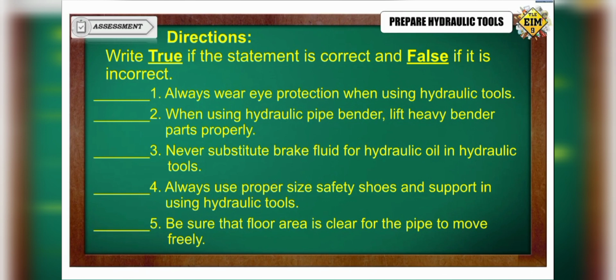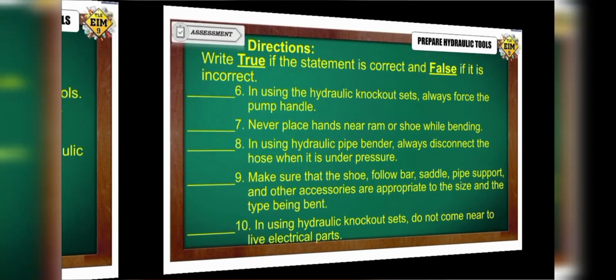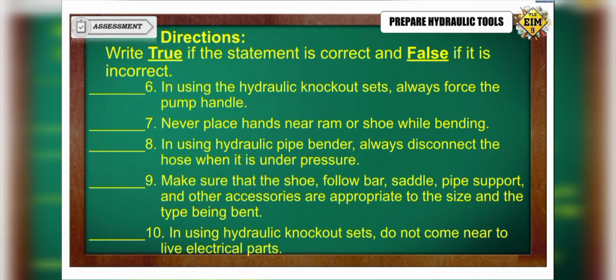Number 5, be sure that the floor area is clear for the pipe to move freely. Number 6, in using hydraulic knockout set, always force the pump handle. Number 7, never place hand near ram or shoe while bending. Number 8, in using hydraulic pipe bender, always disconnect the hose when it is under pressure.